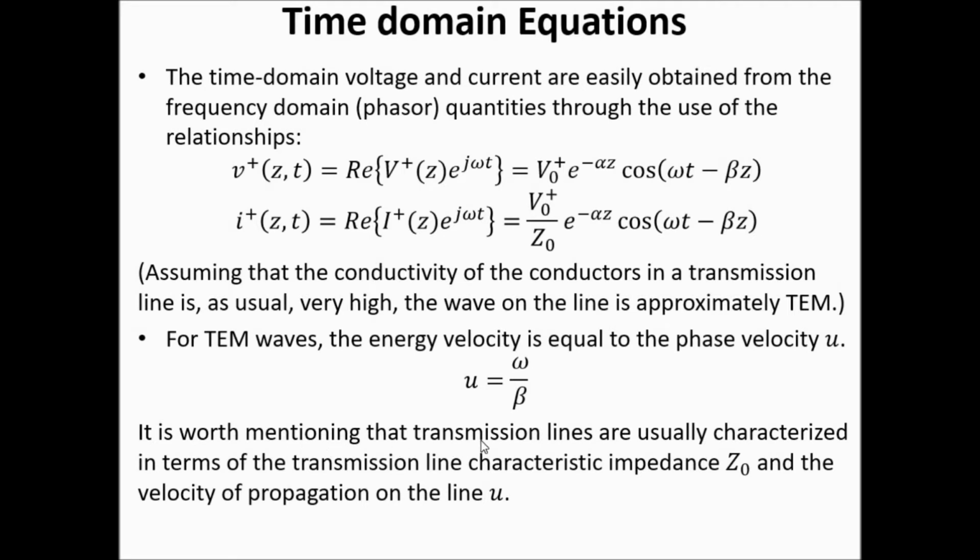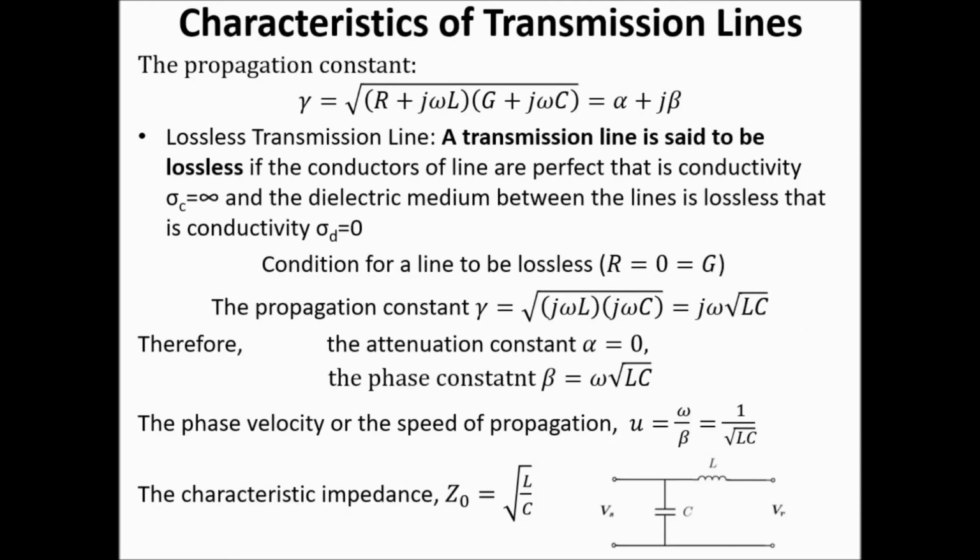I would like to mention that transmission lines are usually characterized in terms of the transmission line characteristic impedance Z0 and the velocity of propagation. So based on the characteristic impedance and propagation velocity, we categorize the transmission line in three different ways. One is the lossless transmission line, another distortionless transmission line, and low loss transmission line.